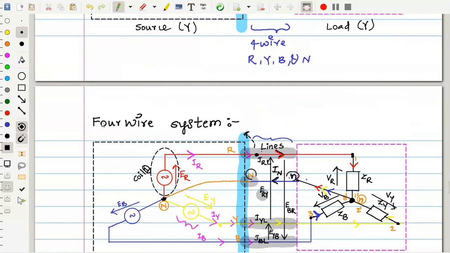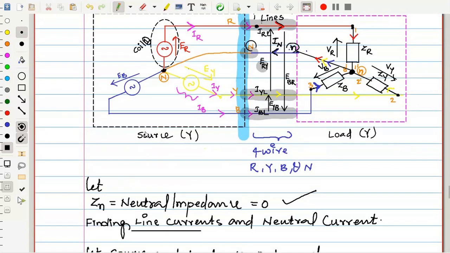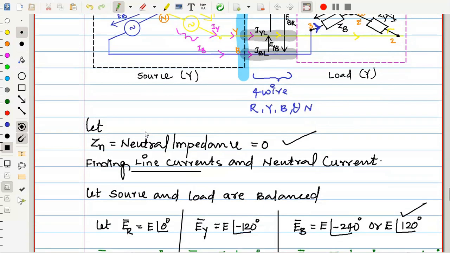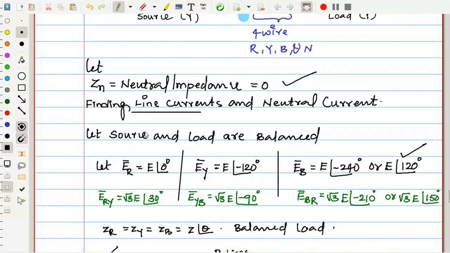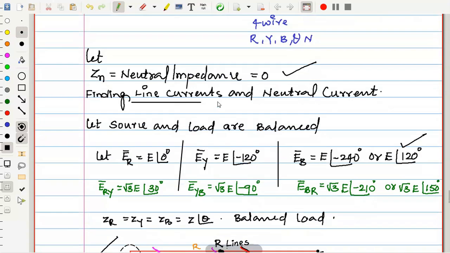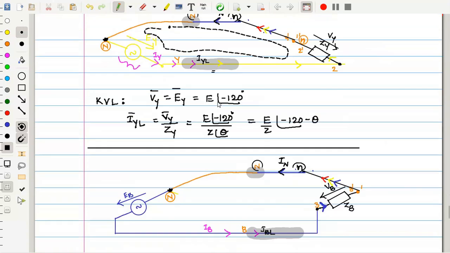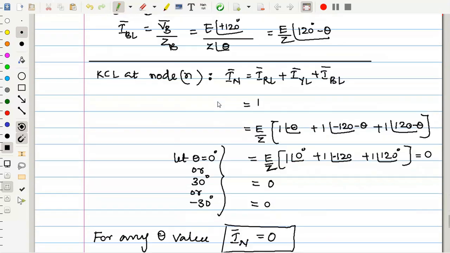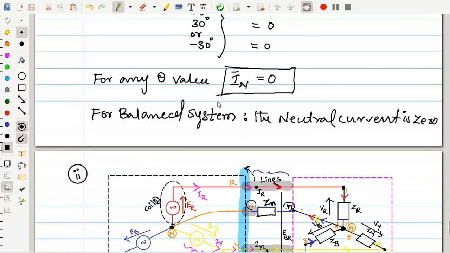One configuration is the 4 wire, let me say configuration 1, in which the impedance Zn is equal to 0. For this case, our objective was the line currents and neutral current. Once we know this, we can even calculate the remaining things. That's why we derived that. We got a conclusion that the neutral current is 0 for a balanced system with neutral impedance 0.